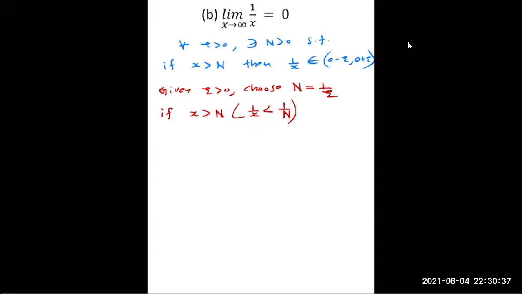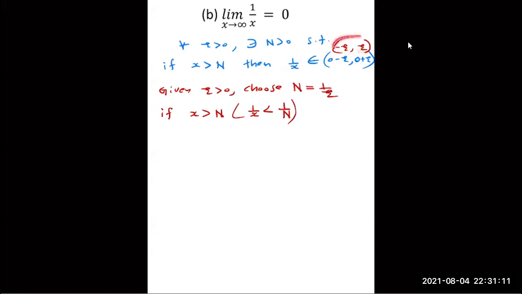All right, now we need to show that if x is bigger than n, I want to show this statement. For that, I'm going to consider this. By the way, what do you mean by this? 1 over x is in the interval 0 minus epsilon, 0 plus epsilon. First of all, notice that this is nothing but minus epsilon, epsilon, right? Pardon me, 0 minus epsilon is minus epsilon, 0 plus epsilon is epsilon.